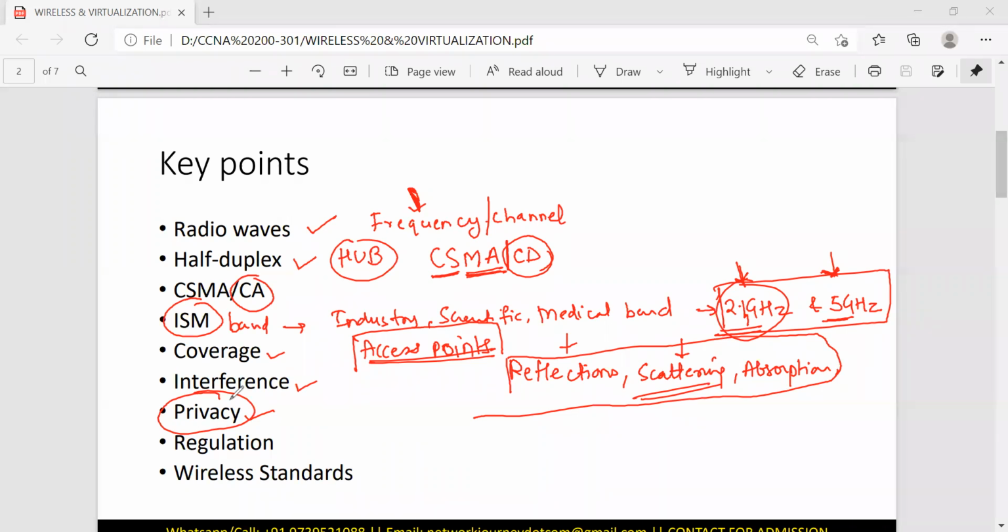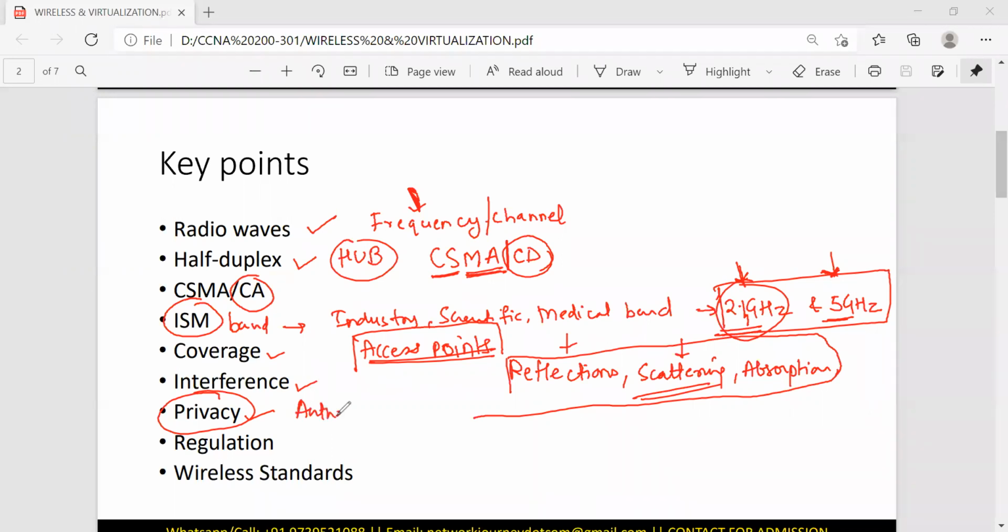packet capture tools. That is a major issue, which is not there in the case of a cable or a wired medium. So in order to ensure privacy, we need a good encryption mechanism and a good authentication mechanism.